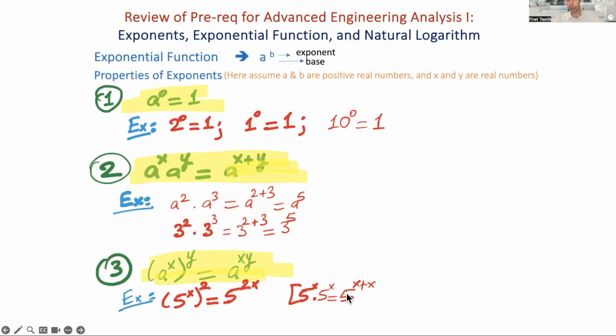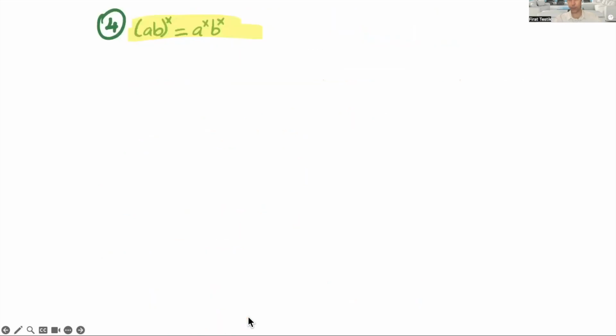So we can write this as 5, the common base, to the power of the summation of the exponents, which are x and x. So x plus x, which is equal to 5 to the power 2x. If we have, let's say, 5 to the power 3, to the power 2, then it is equal to 5 to the power 2 times 3, which is 6, 5 to the power 6.